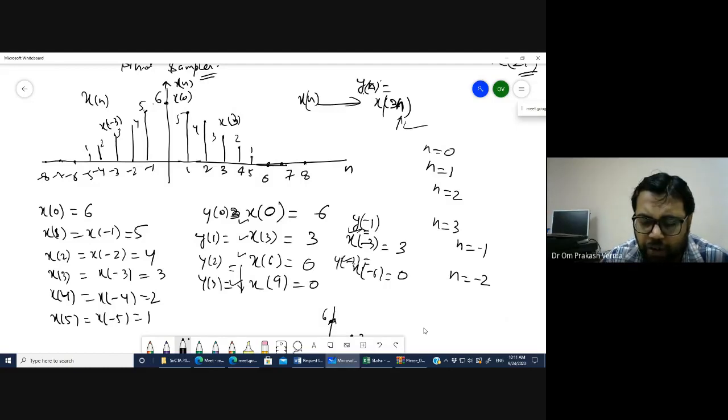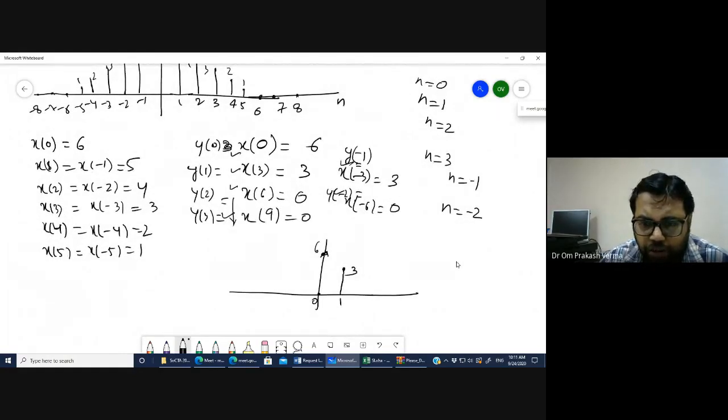Am I right? So you can understand it like this. This is 0 at 2, at 3 it is again 0, and so on. Again, this is -1, and at -2 the value is 3, and at -2 the value is 0.